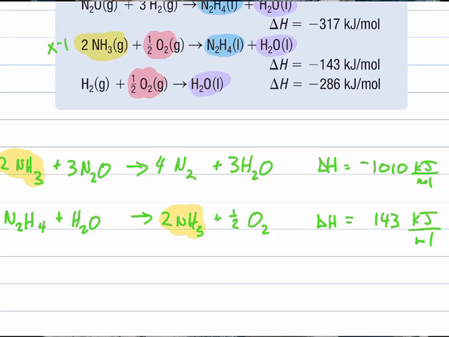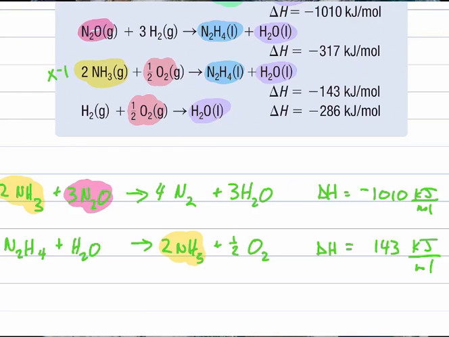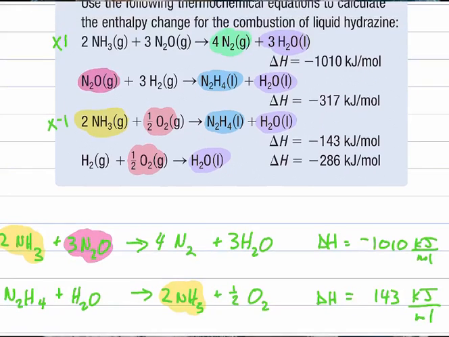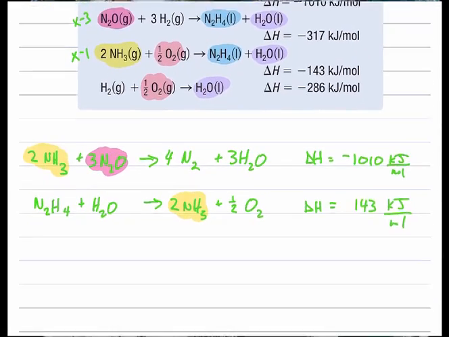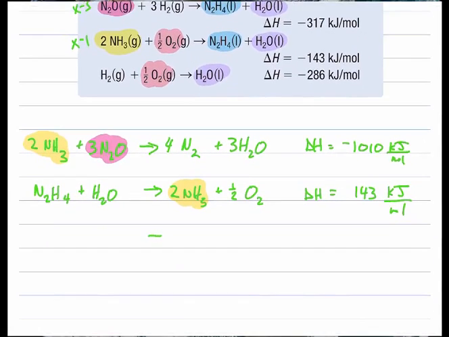Okay. Now another thing that we need to cancel, something that isn't in our target equation, are these 3 N2O molecules. Those 3 N2O molecules are in that reaction there, but again, they're reactants. We need them to be products so that we can cancel them out, and we need to have 3 of them, so we're going to multiply by -3. So let's take a look at how this is going to turn out. We're going to have 3 N2Os and 9 hydrogens.